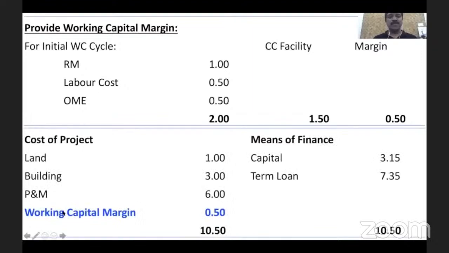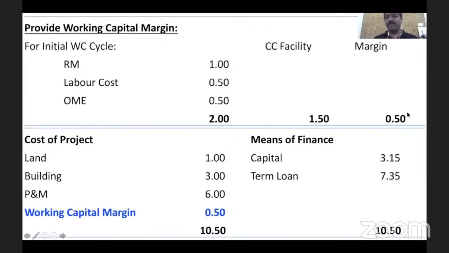Now I'm also adding this working capital margin as cost of the project. So my cost of project will become 10.5 crore because I've added 0.5 crore. In that, as the owner, I will bring 30%. So 10.5 into 30% is 3.15 crore. Earlier it was 3 crore. Now I'm forced to bring 3.15 crore. There is an addition of 15 lakhs, but I'm ready to do that because the bank is helping me to fund what I am supposed to contribute.